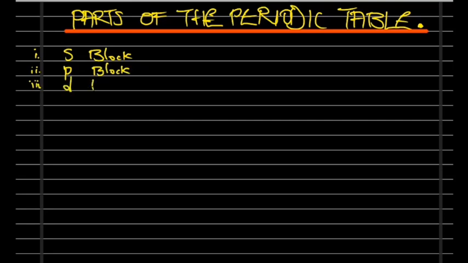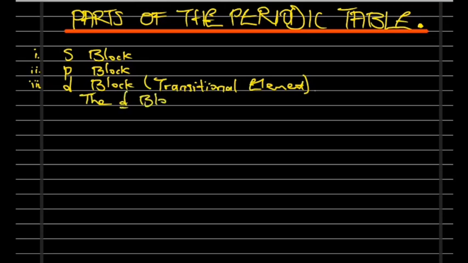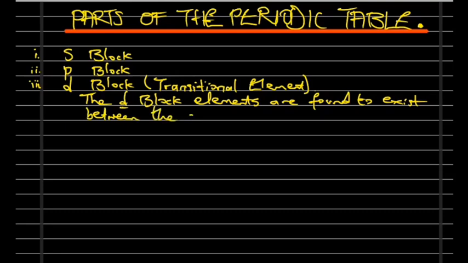Three. We have the D block. These D block elements, which are referred to as the transition elements, are found between group 2 and group 3, starting on the 4th period.